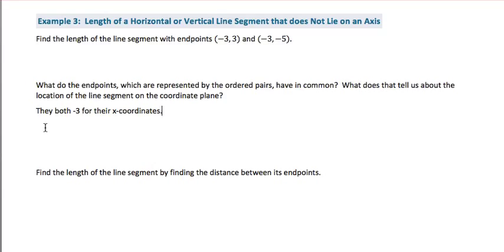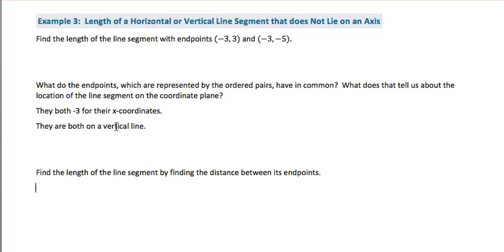And that means that they are both on a vertical line, which is very much like a y-axis.